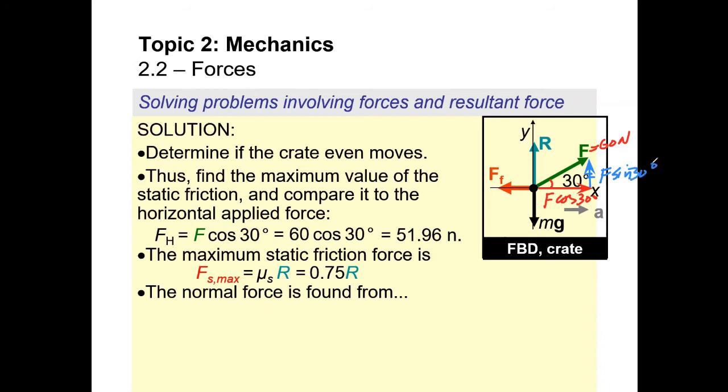Since the object is moving horizontally, the resultant force in the vertical component is 0, which means R plus F sine 30 degrees minus mg equals 0.